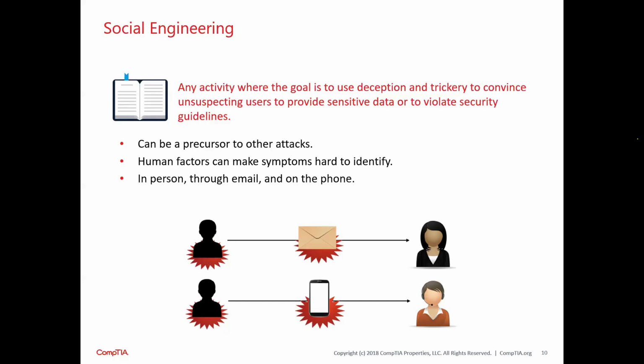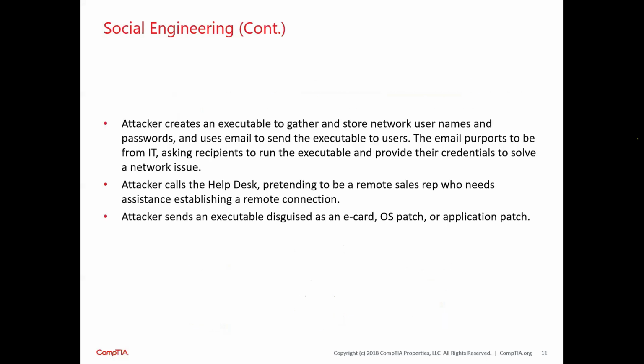Social engineering can be done in person, face-to-face, through email, and even on the phone. They use several techniques, including normal phishing, spearphishing, smishing, and even vishing, which is via phone or voice.